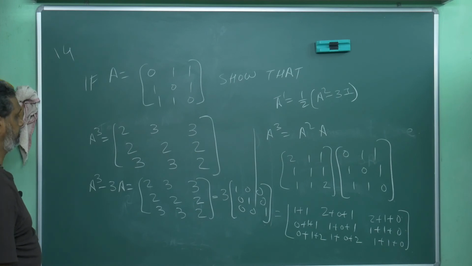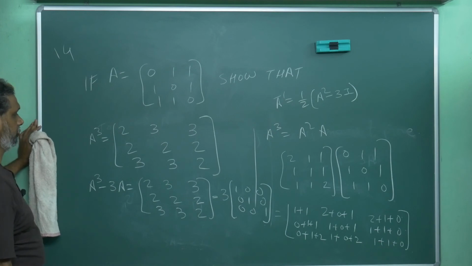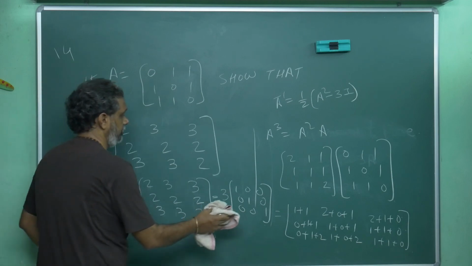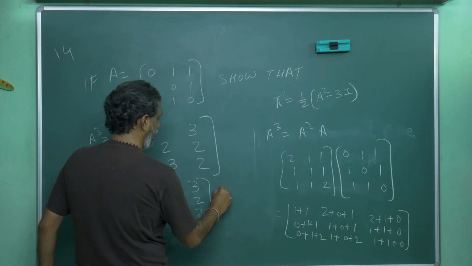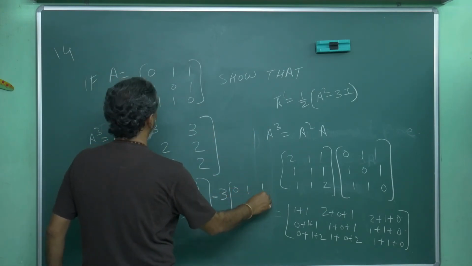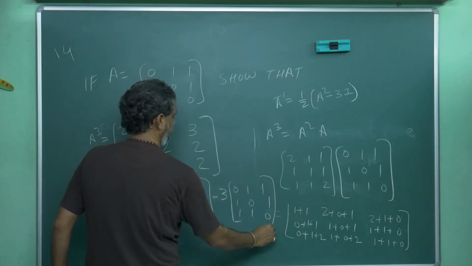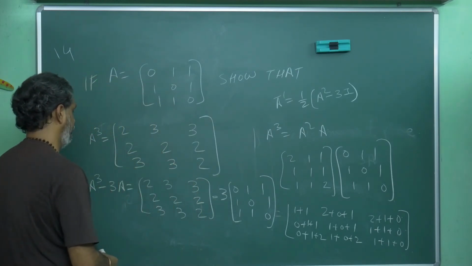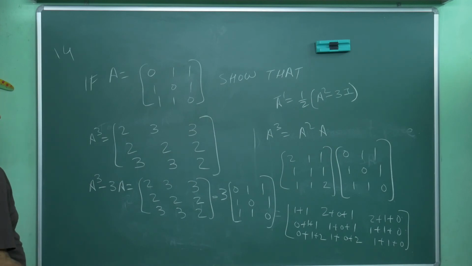Sorry, I want to write 3A, I wrote 3I. A is 0 1 1, 1 0 1, 1 1 0. Then you will get 2I. What is the question?